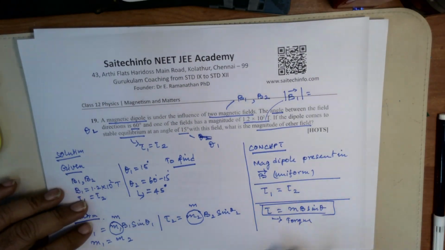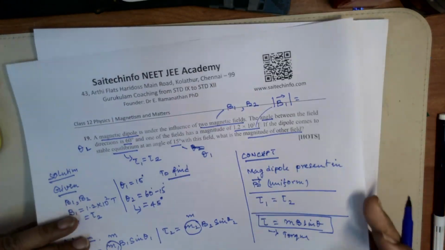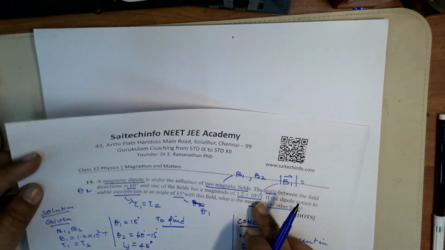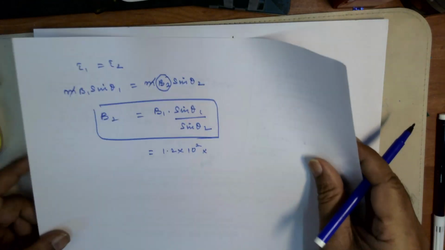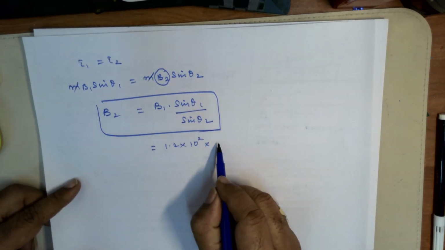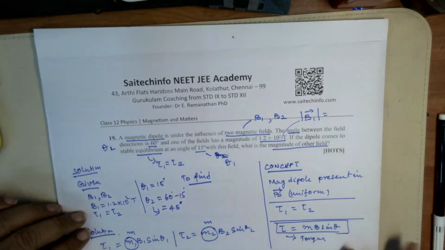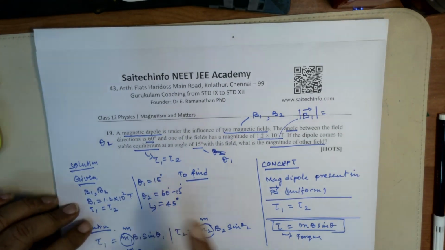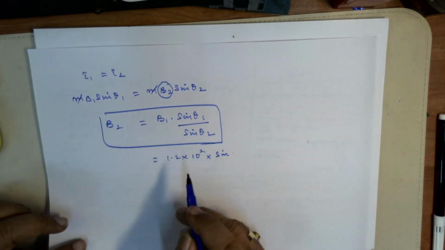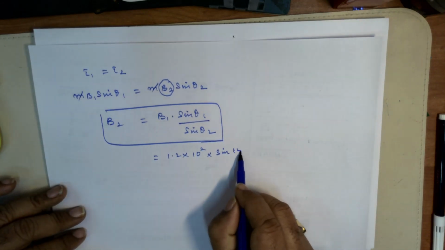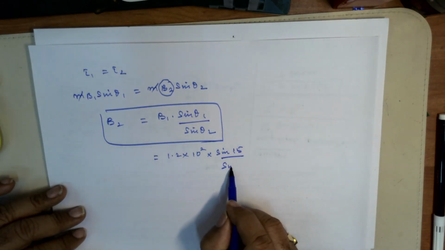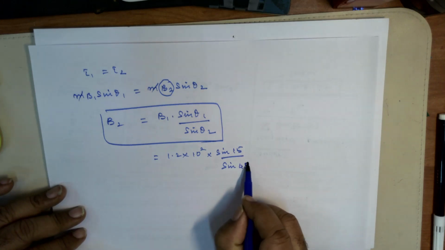What is theta 1? Theta 1 is 15 degree, because at that angle it was at equilibrium. So sine 15 degree divided by sine 45 degree.